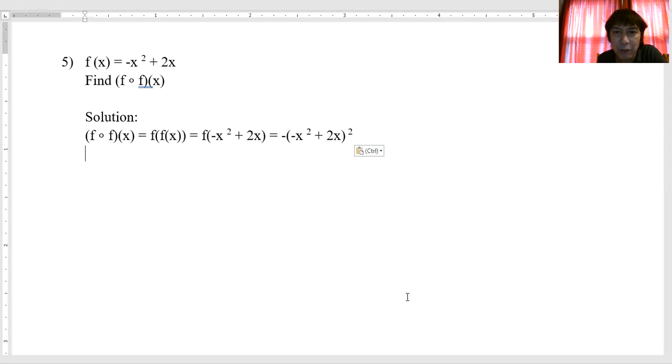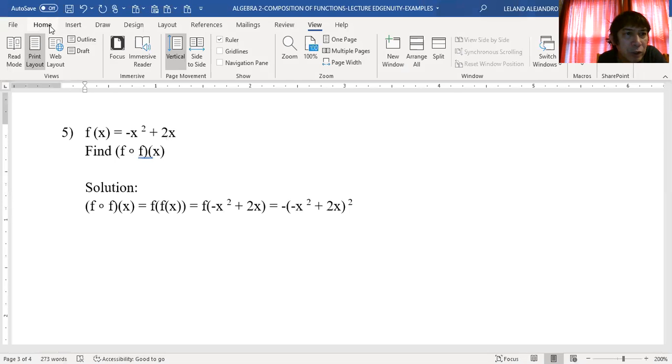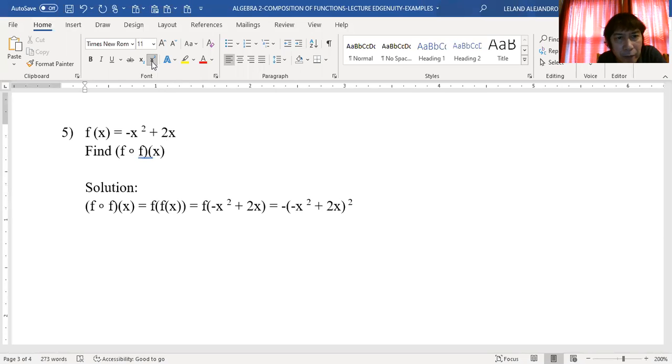All right, so we shall try to move this, and let me get the subscript function. All right, let me get that. This will have to return to the original. And then this will now be plus 2x, okay?